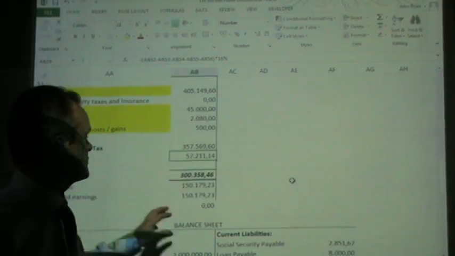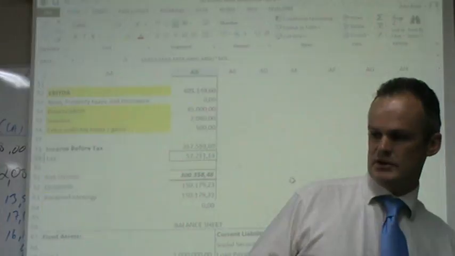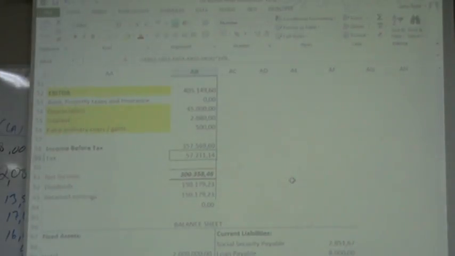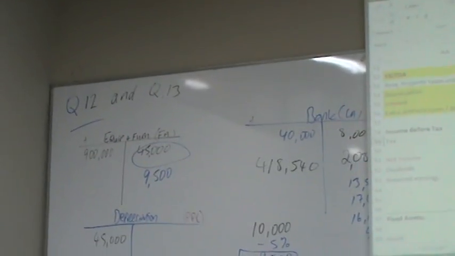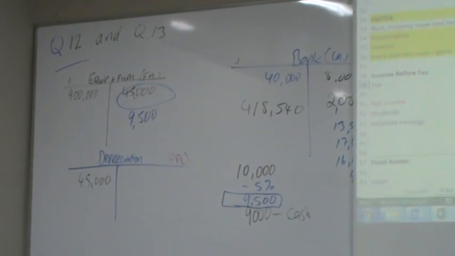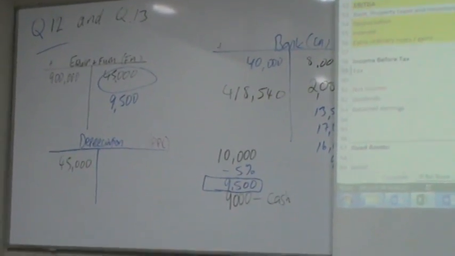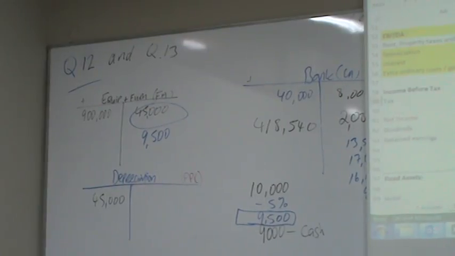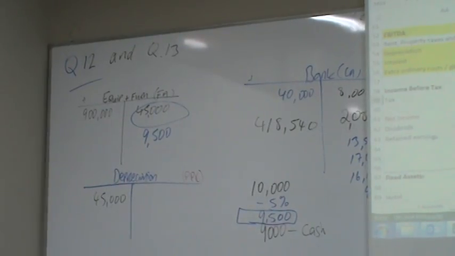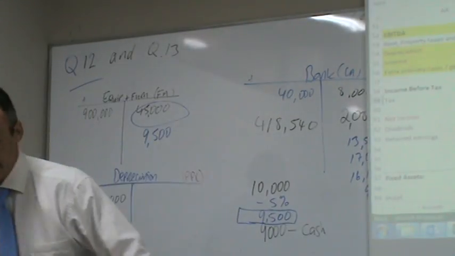So what we're going to do is create T accounts to actually talk about the tax. So let's just switch this across. In our case here, we've got tax of 57,211.